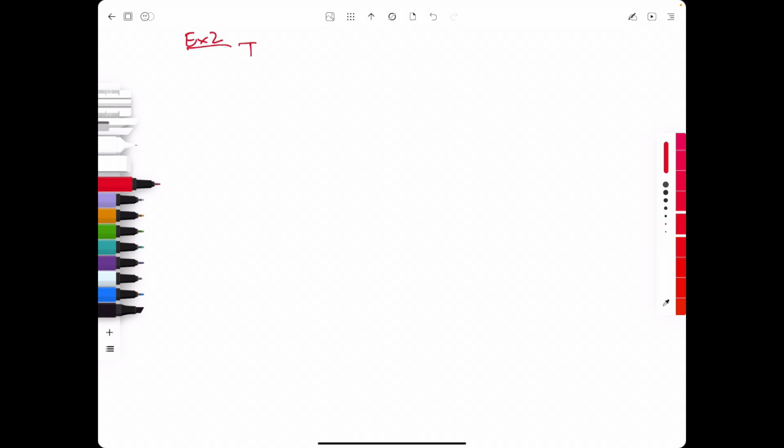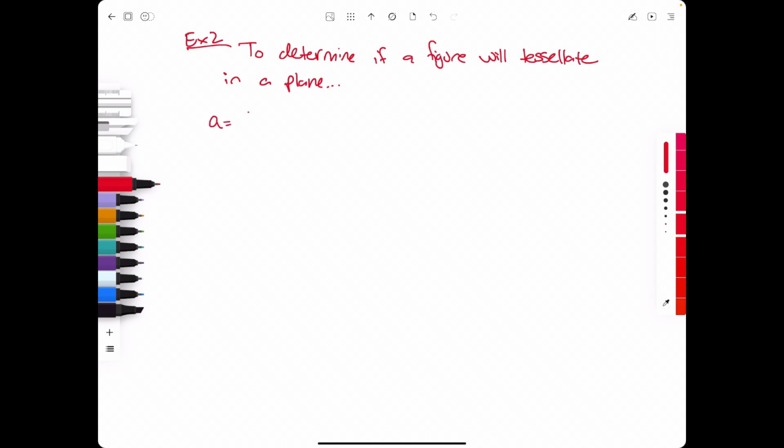All right, to determine if a figure will tessellate in a plane, we can use this formula. I'm going to write the formula: A equals 180 times (n minus 2) all over n.